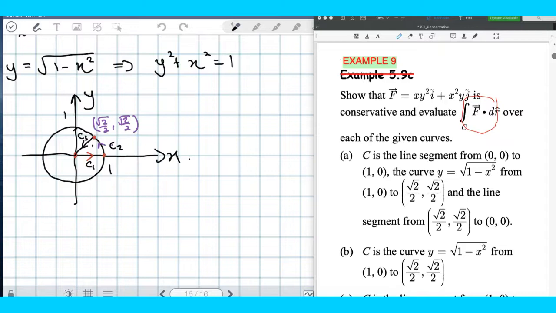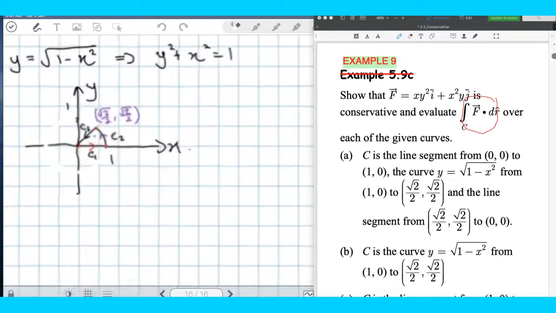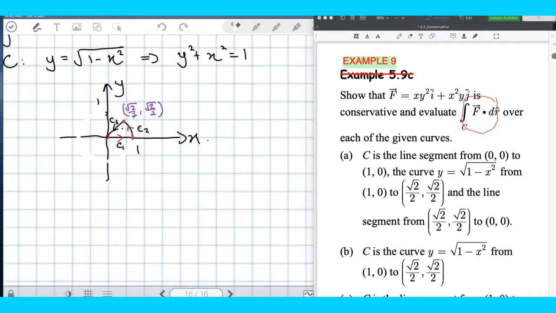Okay, so meaning that in this case we have to erase this, and also this one. Okay, that is only your curve, right? 2 line segments and part of the circle with this one.